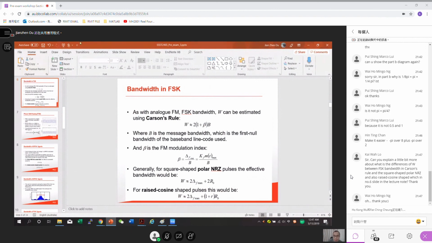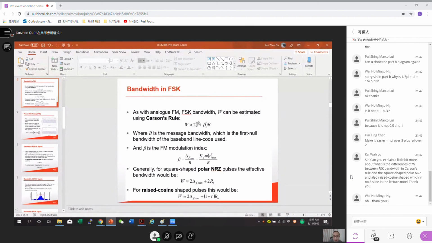This is the transmission bandwidth after modulation, and this is the Carson's rule, right? Carson's rule means that, by definition, there is 98% probability that it falls into the Carson's rule bandwidth. I already talked about this in the last question of tutorial 1.